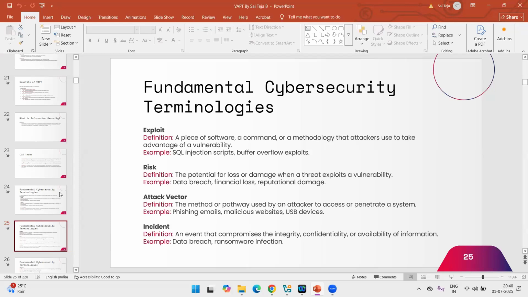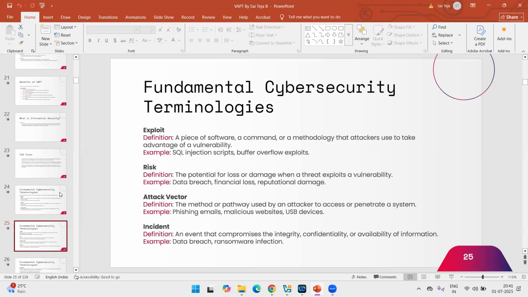Having a vulnerability in the asset is a risk that leads to potential loss or damage when a threat exploits it. You understand? Risk is the potential loss or damage when the threat exploits the vulnerability. Here the threat is like an attacker, and the vulnerability is a weakness in the system, in the asset.